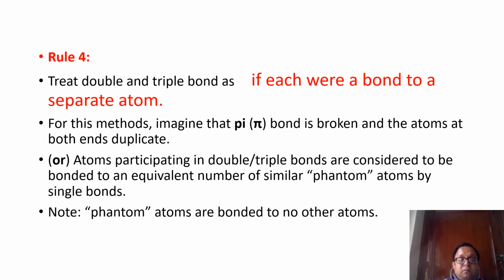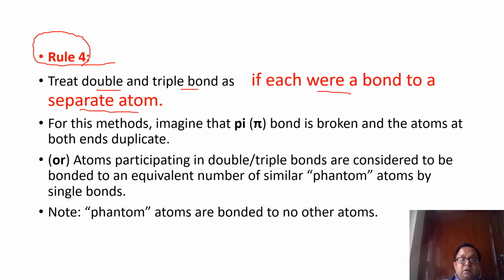Now come to rule 4. It is about the double and triple bond. So to deal with these, we have to consider each bond as a separate atom.